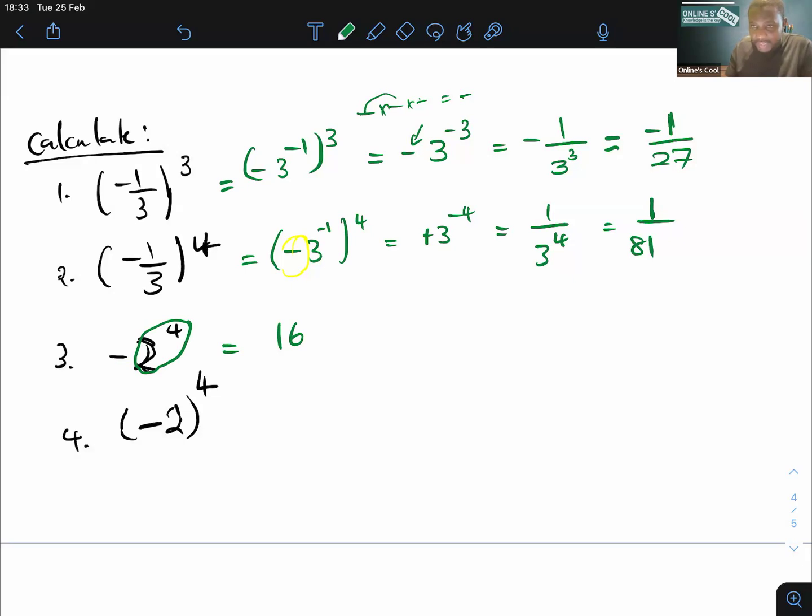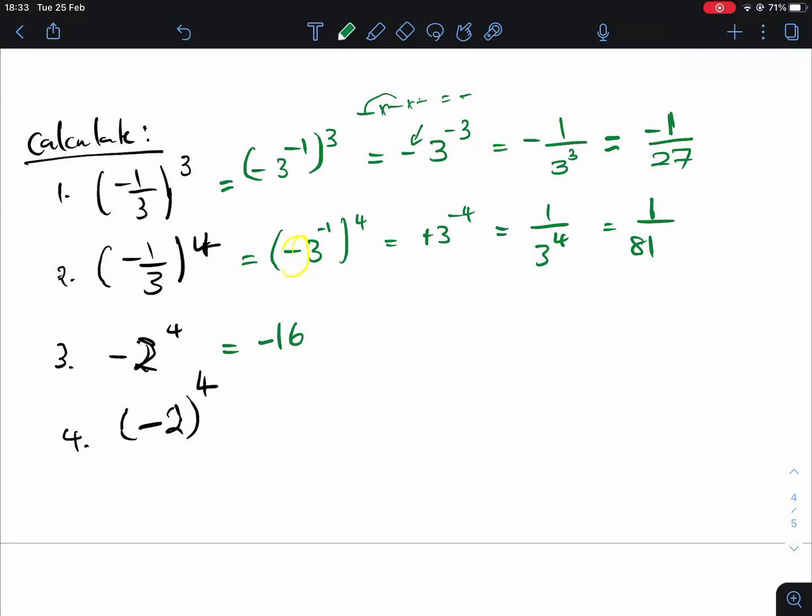When the exponent is with the negative, they will write it with brackets. But when there are no brackets, the exponent is with the number, not the negative. The negative is just negative. It's not multiplied any times. It's just there once. And then it becomes -16.